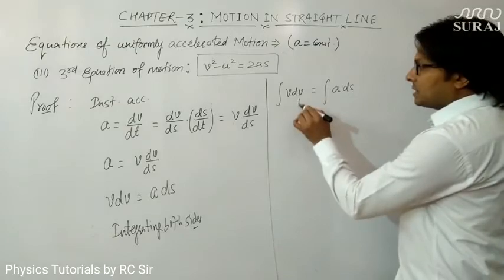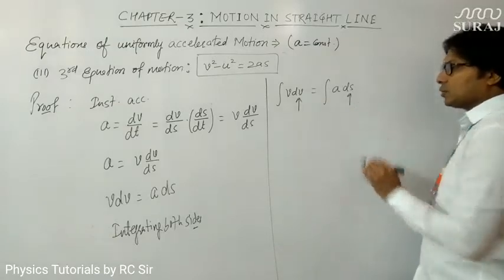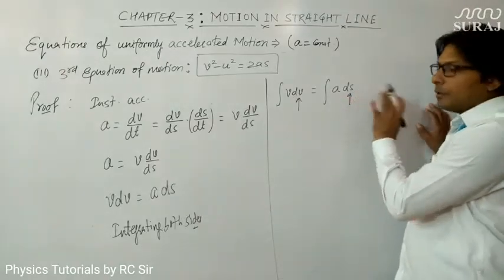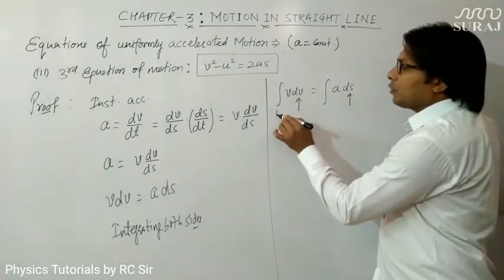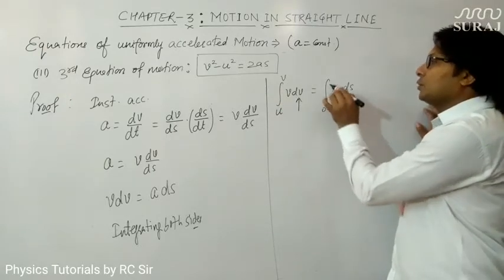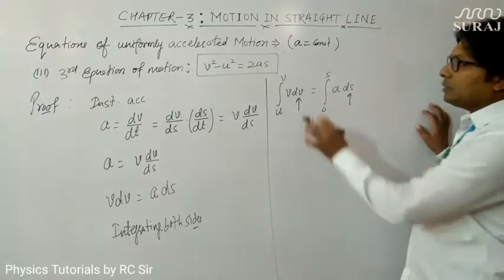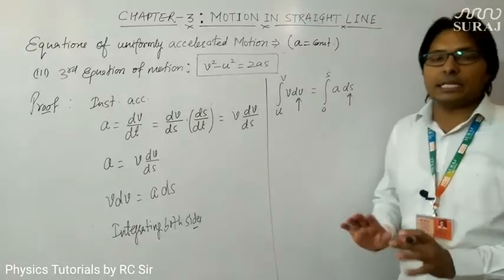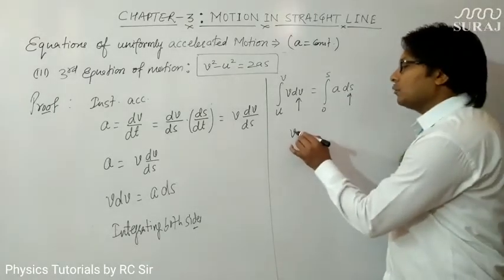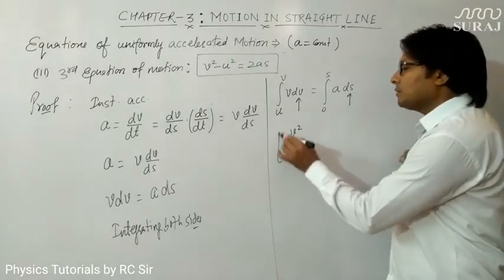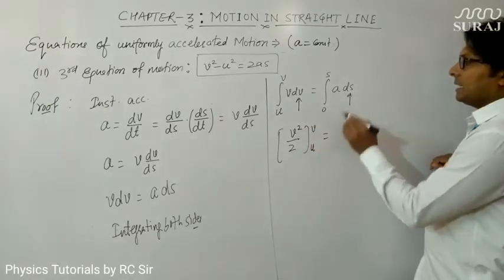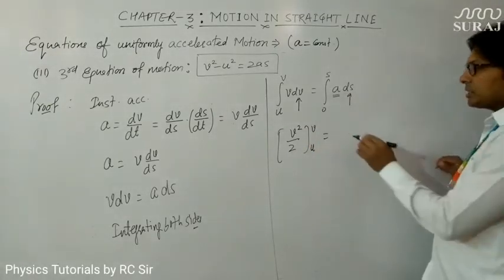Here the variable is v, here the variable is s. So we will put the limits here of v as well as here of s. Here the limit will be from u to v, and here the limit will be from s equal to 0 to capital S. Now the integration of v dv, as the integration of t dt was t square by 2, same here the integration will be v square by 2, and the limits will be from u to v, and a is constant.